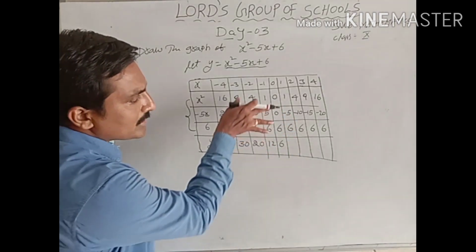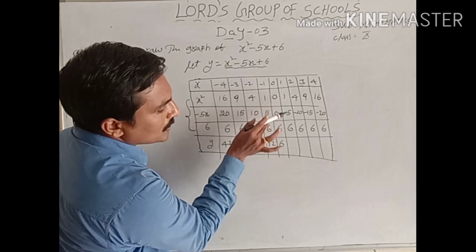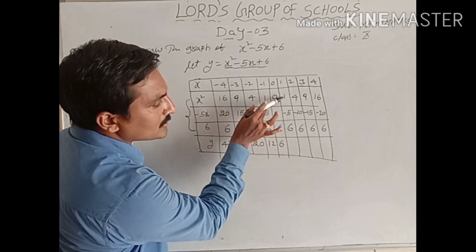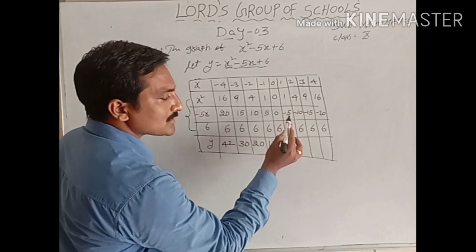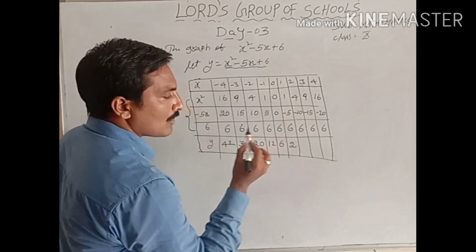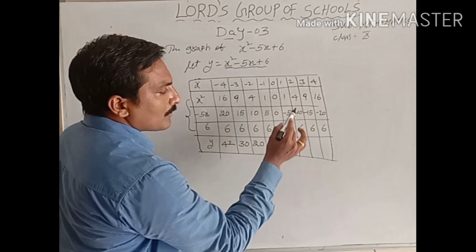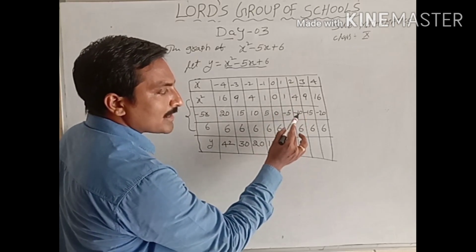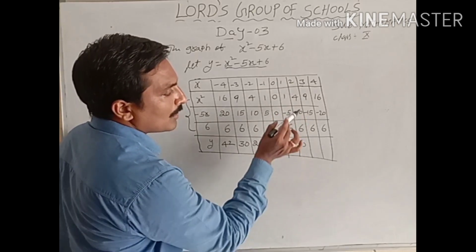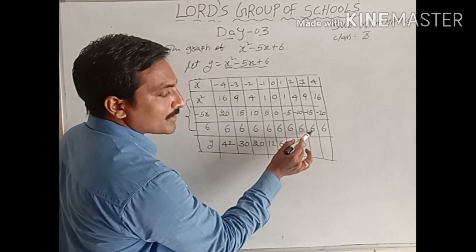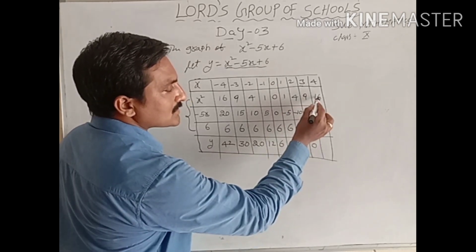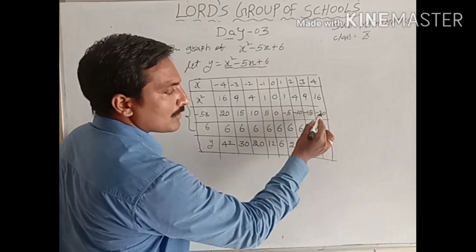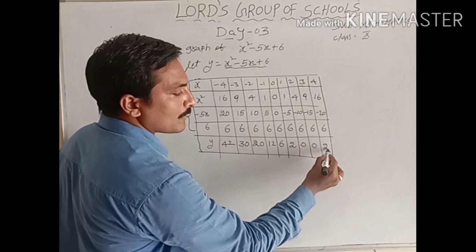Now observe that among the three terms, two have positive symbols, so add the same-symbol values. 6 plus 1, 7, minus 5, 2. 4 plus 6, 10, minus 10, 0. 9 plus 6, 15, minus 15, 0. 16 plus 6, 22, minus 20, plus 2.